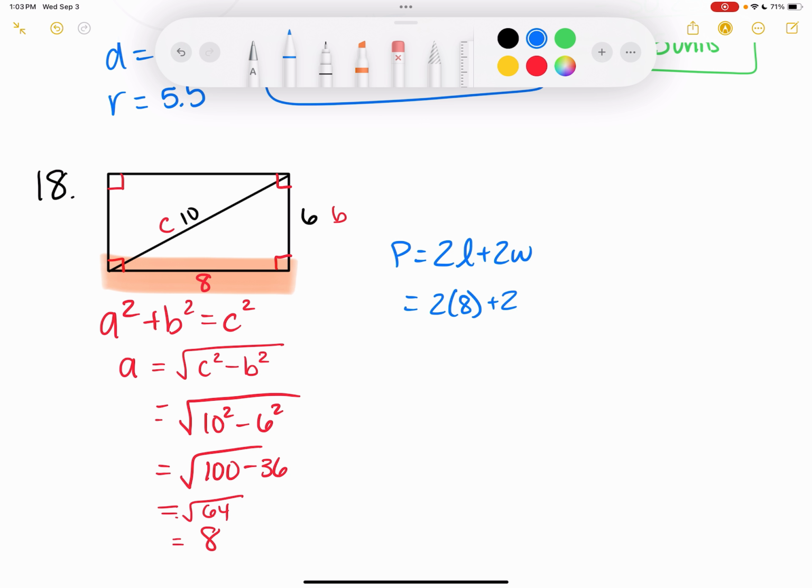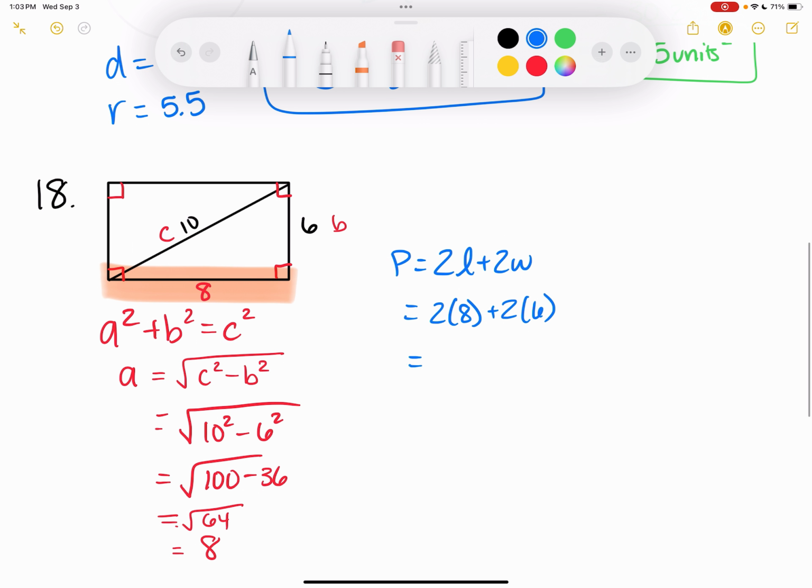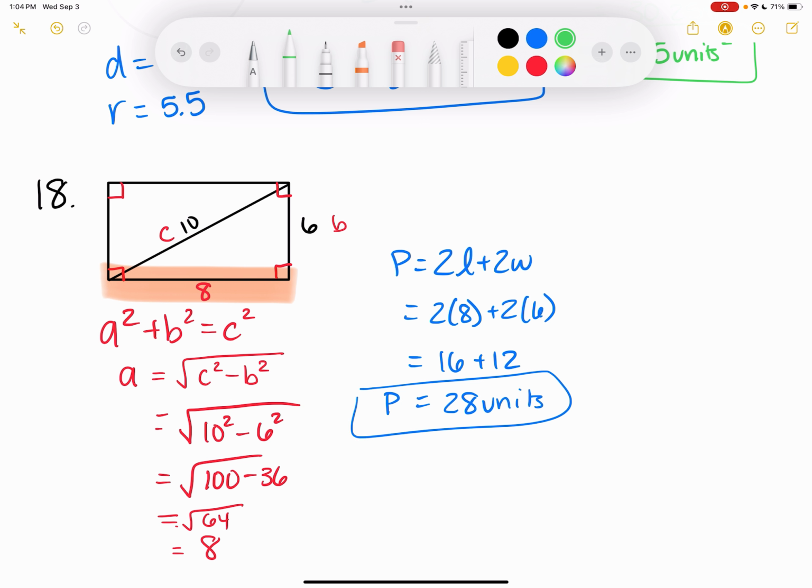So 2 times 8 plus 2 times 6 would be 16 plus 12. So we've got 28 units for the perimeter here. Area is length times width. So I've got 6 times 8, which is 48 units squared.